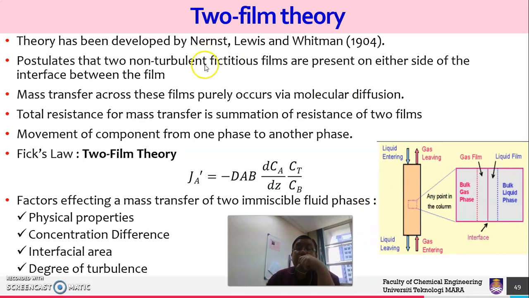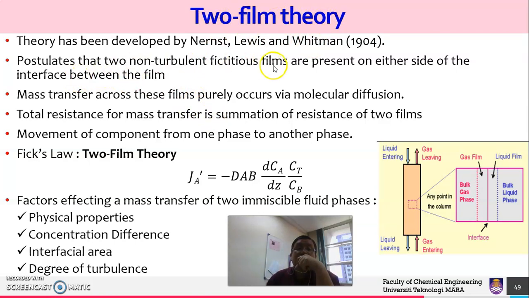It was developed by Nernst, Lewis, and Whitman in 1904. Initially, this two-film theory originated from the film theory introduced by Nernst, and later on Lewis and Whitman developed the two-film theory.